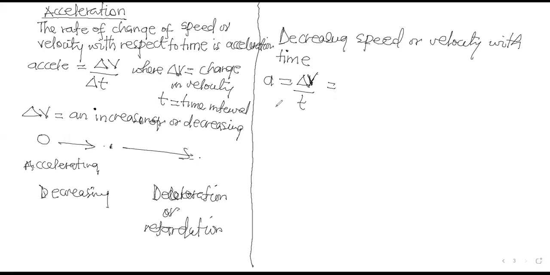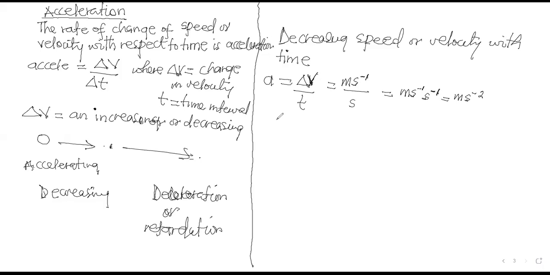Please, the SI unit for acceleration is meter per second squared. Okay, she's saying meter per second squared. So let's derive it together. Velocity has a unit of meter per second. Then the time interval is in second. So we have meter per second per second, giving us meter per second squared.